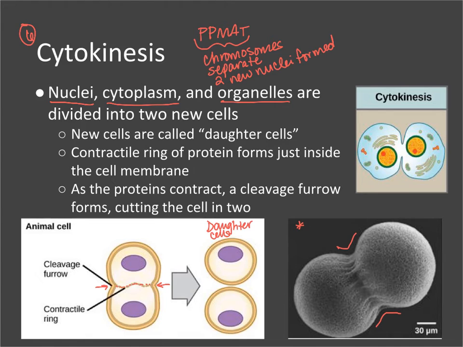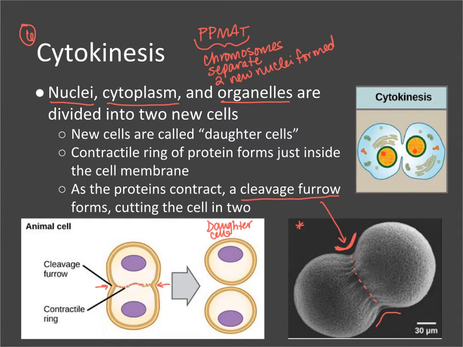The ring of proteins continues to constrict until ultimately it cuts this one cell into two separate cells. And this pinching in of the cell membrane is called the cleavage furrow. So the cleavage furrow is this pinched in area that ultimately ends up cutting the original cell into the two daughter cells.